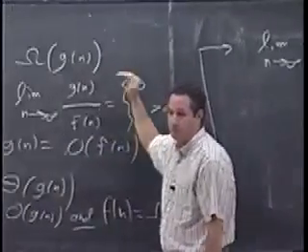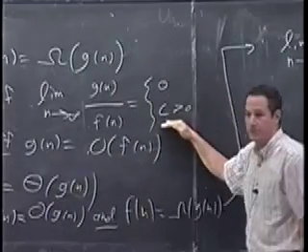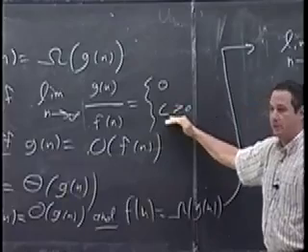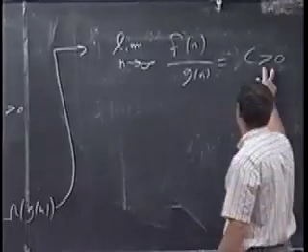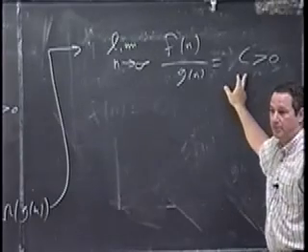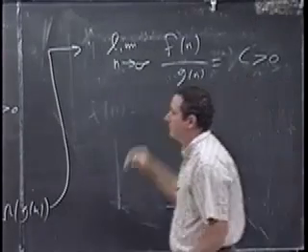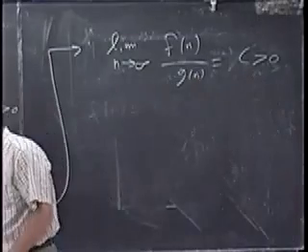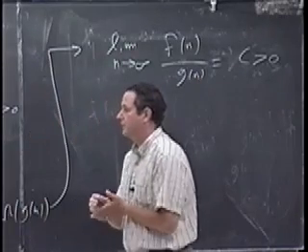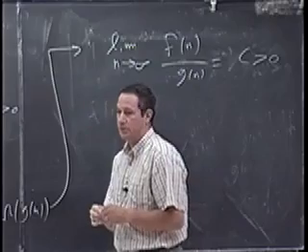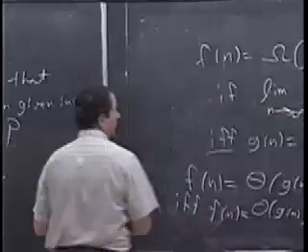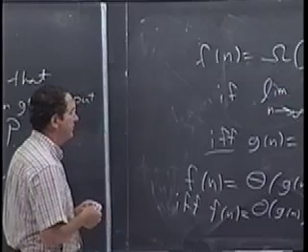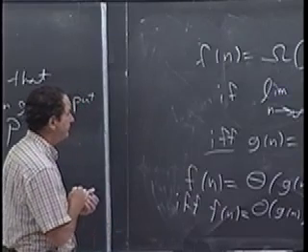One possibility was infinity and a constant bigger than 0. The other one was 0 and a constant bigger than 0. You throw out the two extreme cases and you get the intersection. So these will be our principal three asymptotic notations. There's another asymptotic notation which is little o, and I'll let you look in the book if you're not already familiar with that. It's not used very much in this context.